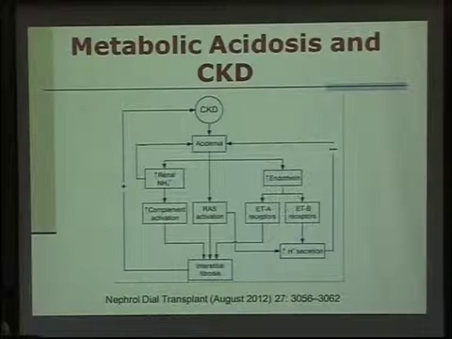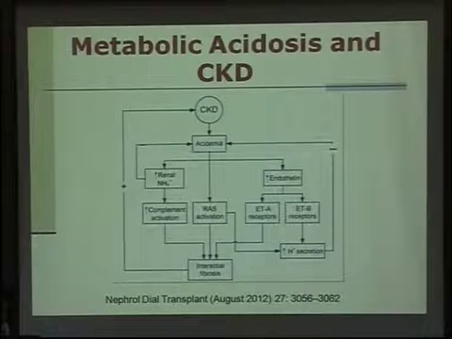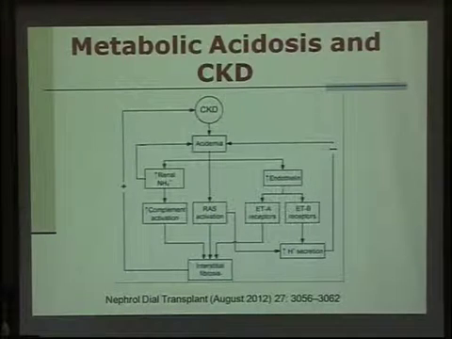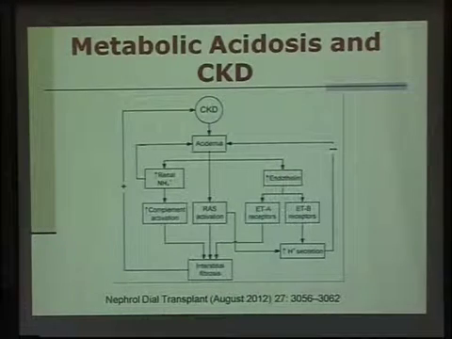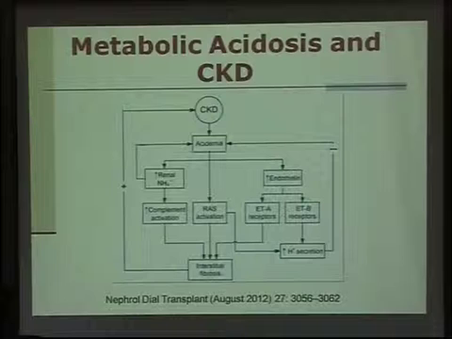One of the important points to retard the progression of chronic kidney disease is that we should take care of blood pressure, glycemic control, nutrition, and lifestyle. Now I'm shifting to metabolic acidosis. Usually we monitor blood pressure, but we don't monitor serum bicarb in our CKD patients. My advice is we should take care of acidosis.